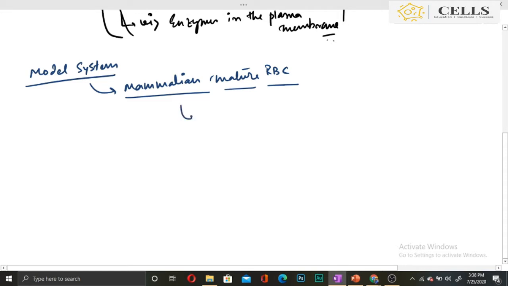Can anybody tell me why? In order to study the plasma membrane, why do we take the mammalian mature RBC as a model system?